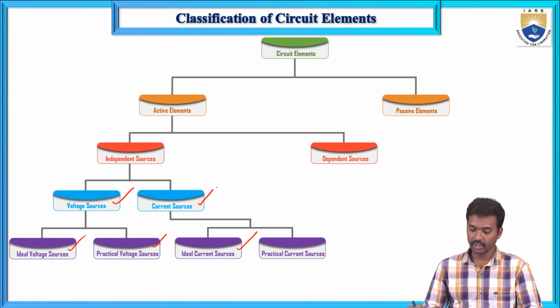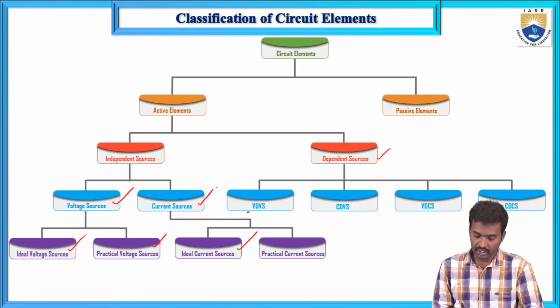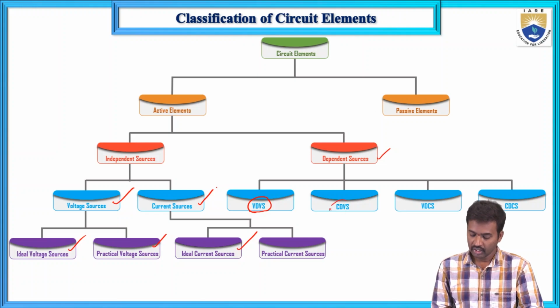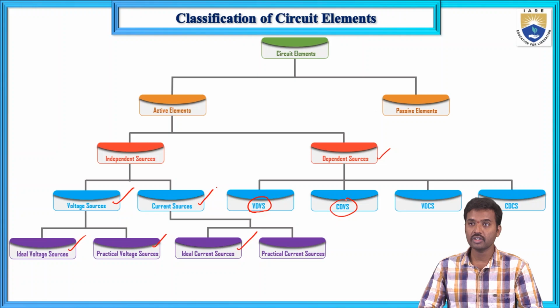Now dependent sources are divided into four types: voltage dependent voltage source VDVS, or we can call it voltage controlled voltage source VCVS, current dependent voltage source CDVS or CCVS, voltage dependent current source, and current dependent current source.